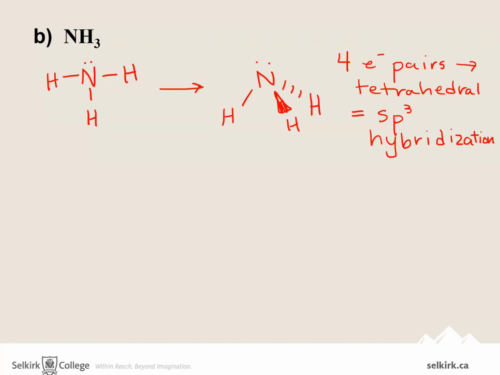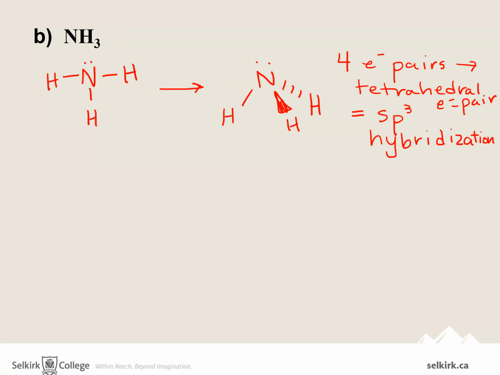The tetrahedral electron pair geometry is responsible for a bond angle close to 109 degrees. Yeah, the lone pair squishes it down a little bit, but it's roughly 109 degrees. And we saw with the previous methane example, if I want bond angles of 109 degrees, I use sp3 hybridization.